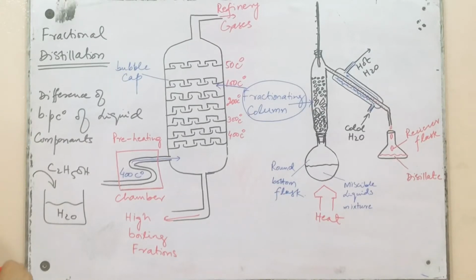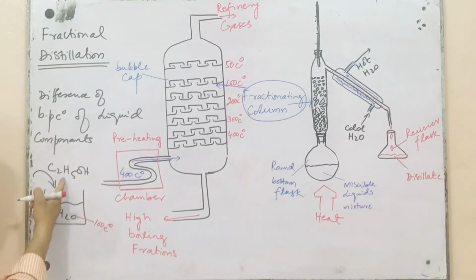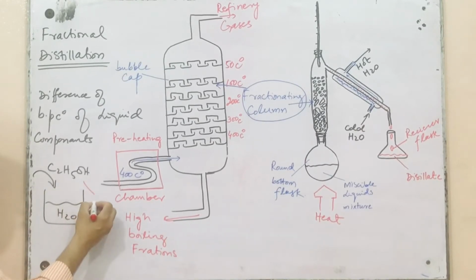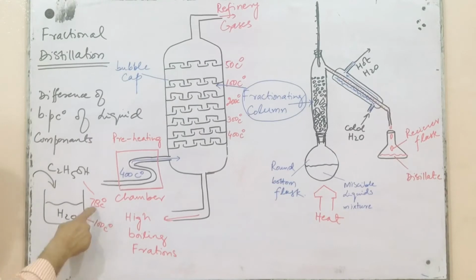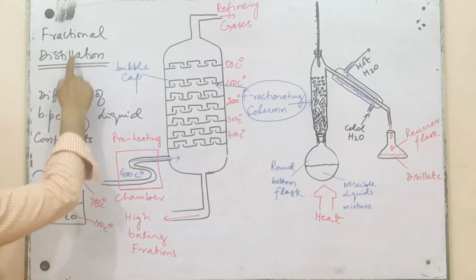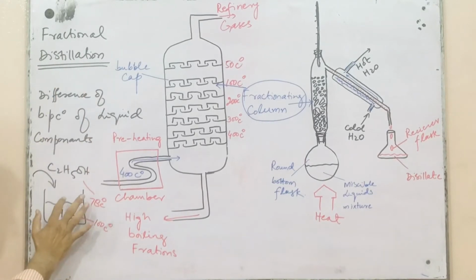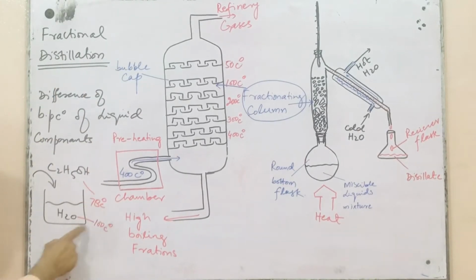Now, we know that the boiling point of water is 100 degrees centigrade, while the boiling point of ethanol is 78 degrees centigrade. As the boiling points of both the components are different, using fractional distillation, we can easily separate both of these components.